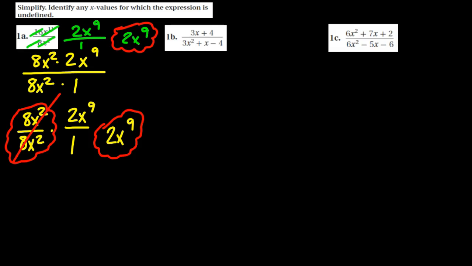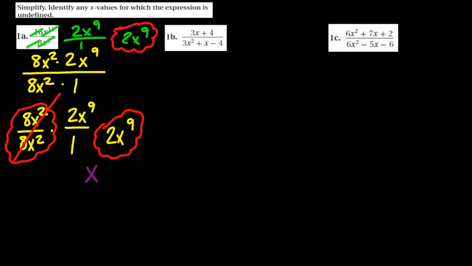So the irresponsible part is when you have variables in a denominator, you have to be careful that your denominator is never equal to 0, because you cannot divide by 0, it is undefined. So anything that makes a denominator 0 is off limits as far as the domain or any possible values.